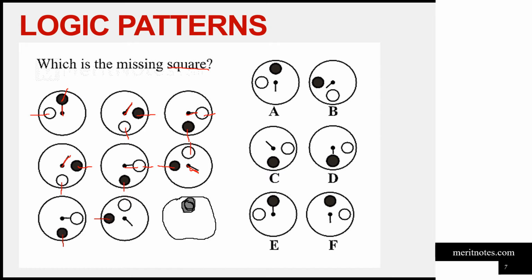So A, yes, it's correct. B does not. Sorry B, I will cross you out. C does not. And letter D does not. As for now, we have A, E, and F satisfying the first condition.